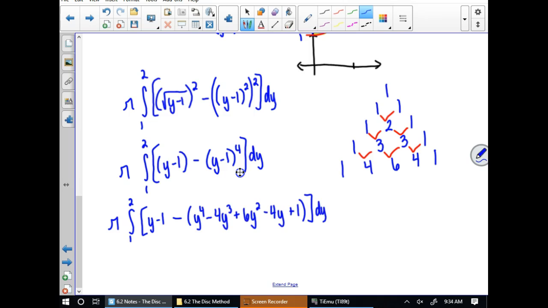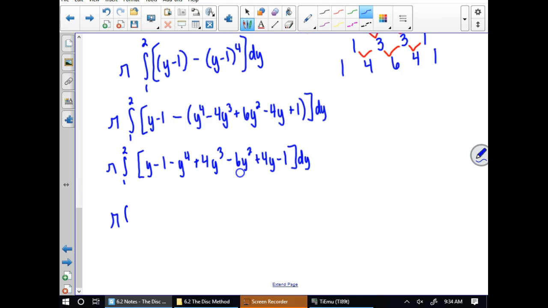Or you can write it 4 times and multiply it out. And so we've got to distribute that negative. So y minus 1 minus y to the 4th plus 4y to the 3rd minus 6y squared plus 4y minus 1 dy.